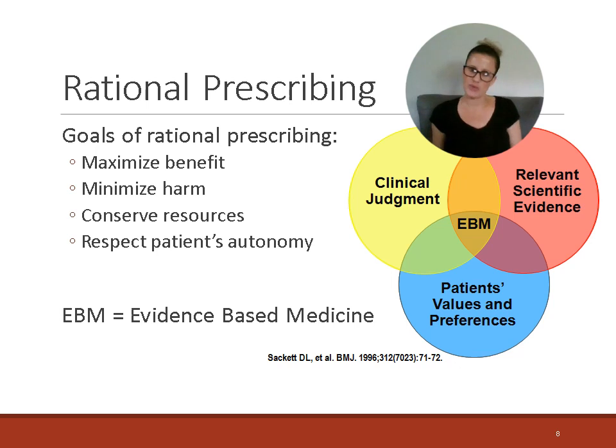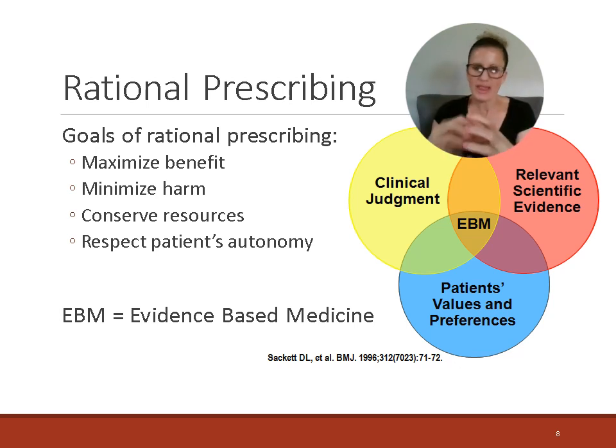Your clinical judgment comes into play. Relevant scientific evidence comes into play. Maybe you look at the prescribing guidelines that summarize all of the studies that have been done on that condition. So my judgment, all the scientific evidence and recommendations, and then also, what does the patient want? What do they prefer to happen?